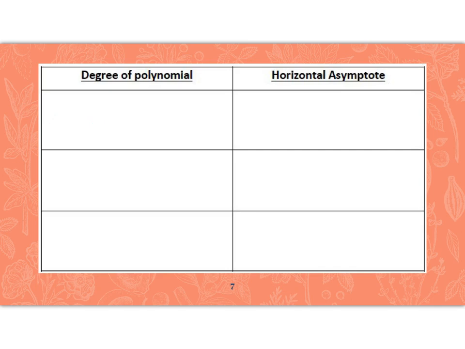Okay, so if the degree of numerator is less than the degree of the denominator, you have a horizontal asymptote at y equals 0.